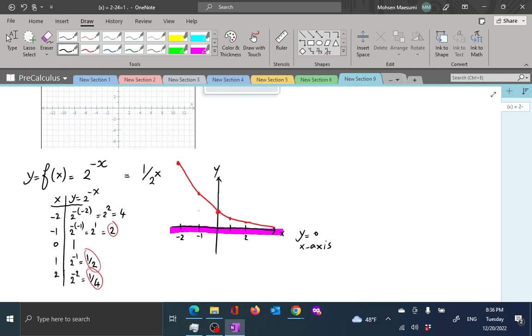This has to be compared against 2 to the power of x, which we had done before. 2 to the power of x is like a reflection of the red one. If there was a mirror right on top of the y-axis, the reflection of the red in that mirror would have been the green one. So y equal to 2 to the power of x is just that. Changing x to minus x flips the picture across the y-axis.